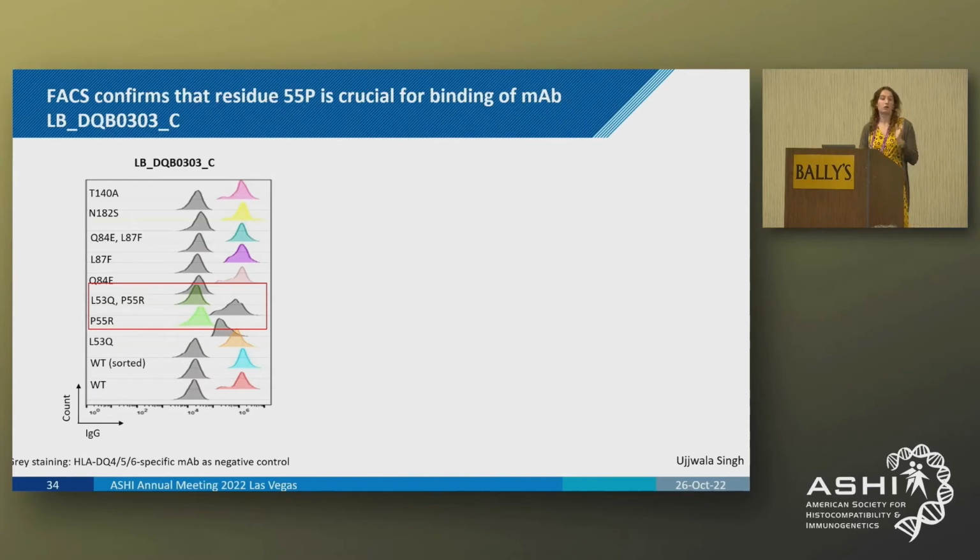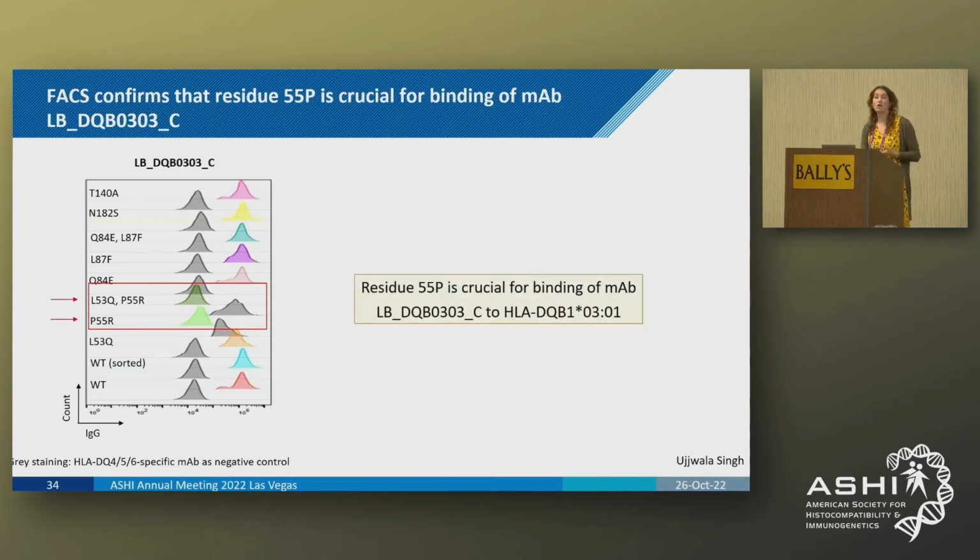And of course, if there's a double mutation where also position 53 is mutated, there's still no binding anymore because this 55 position, 55P, is not present anymore. So this was a confirmation that residue 55P was indeed a crucial amino acid, that's also confirmed by this mutagenesis study.